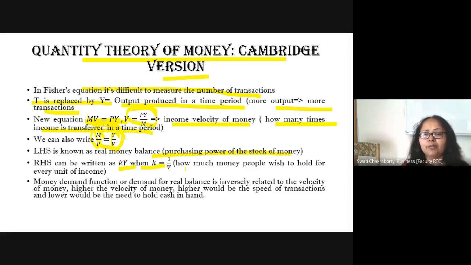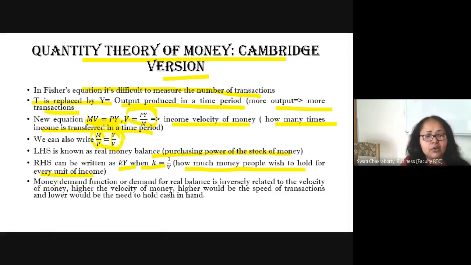So KY means what? How much money people wish to hold for every unit of income, right? For each unit of income that has been earned, how much money would an individual want to hold? That's what it is.